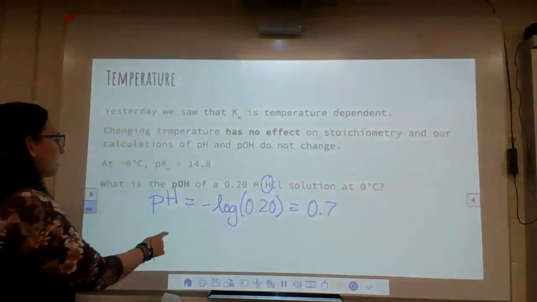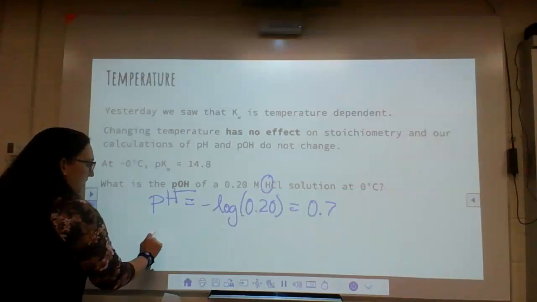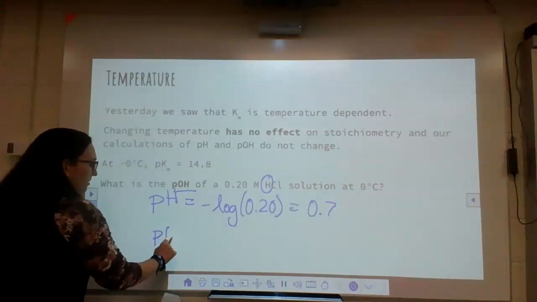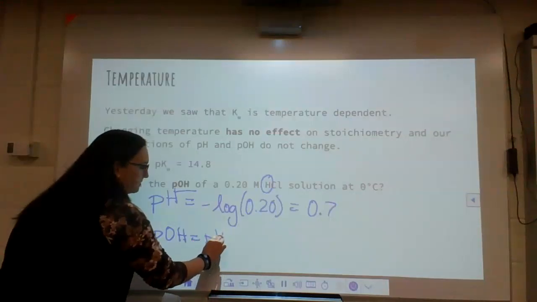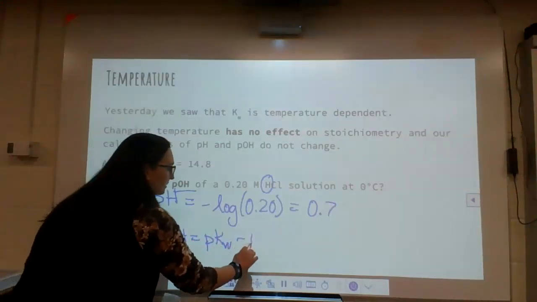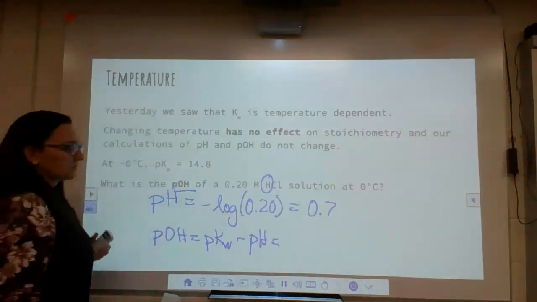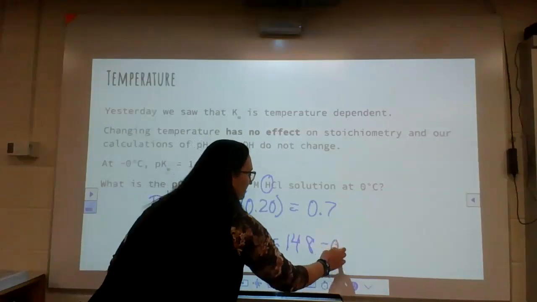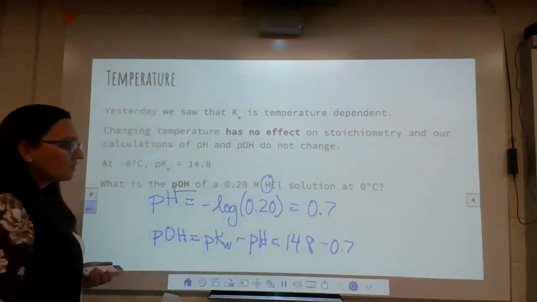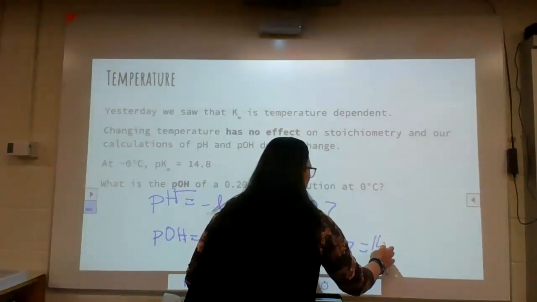And then I want the pOH, so the pOH is equal to the pKW minus the pH. So pKW is 14.8 minus 0.7. And so the pOH is going to be equal to 14.1.